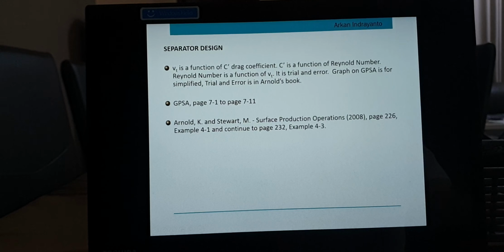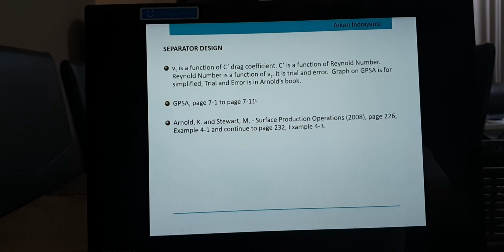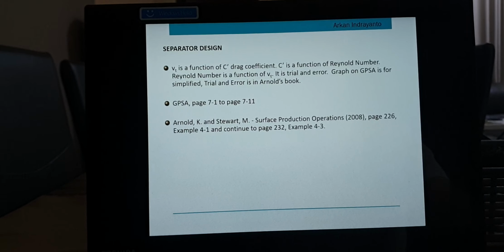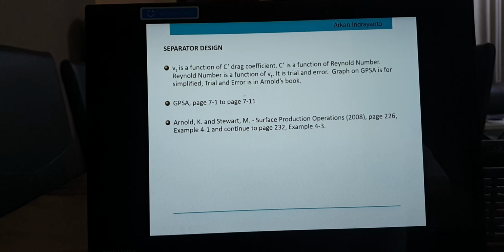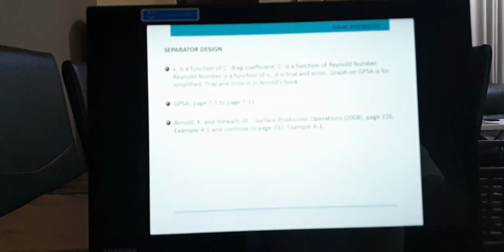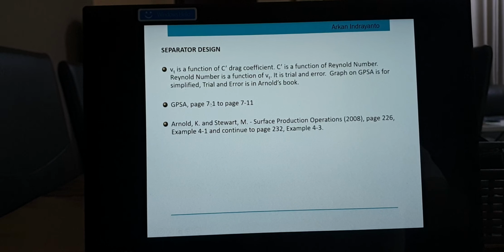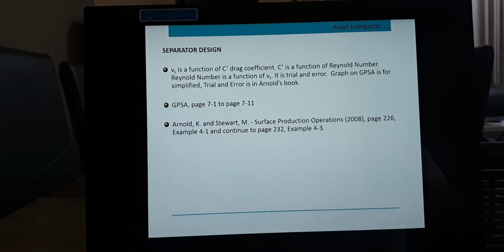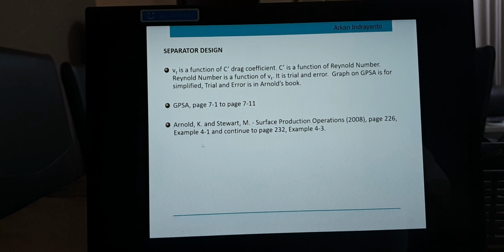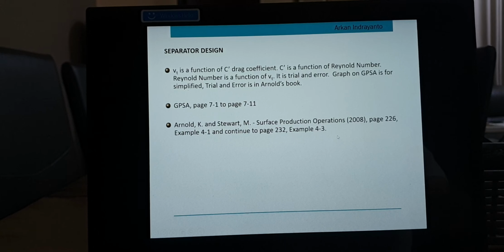I will include this in Google Classroom. So please read this chapter, pages 7.1 to 7.11, and please understand pages 2-6, for example 4.1 and example 4.3.